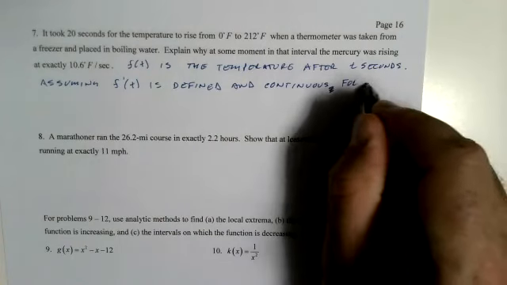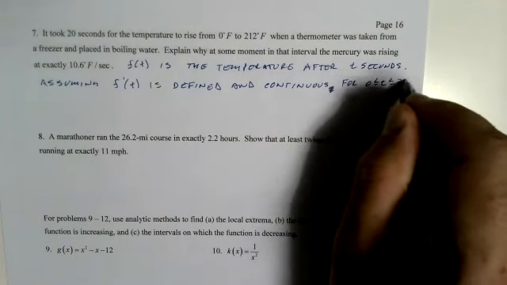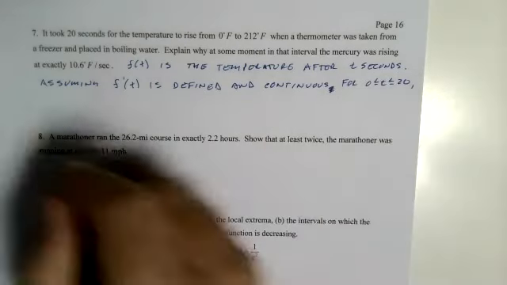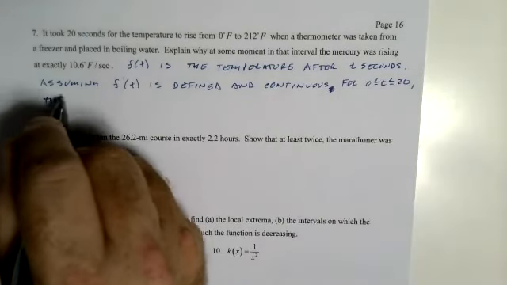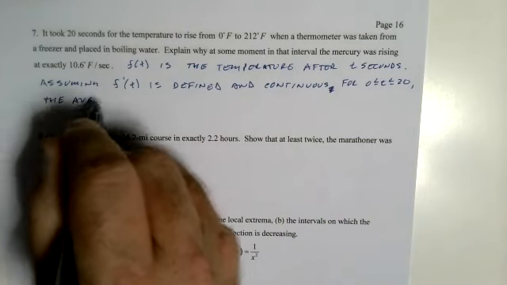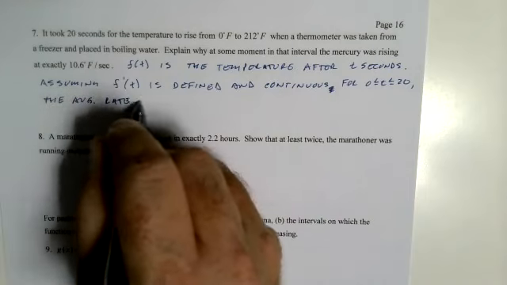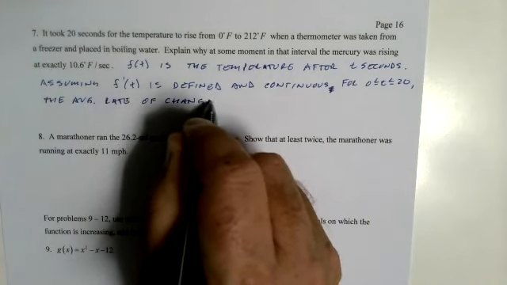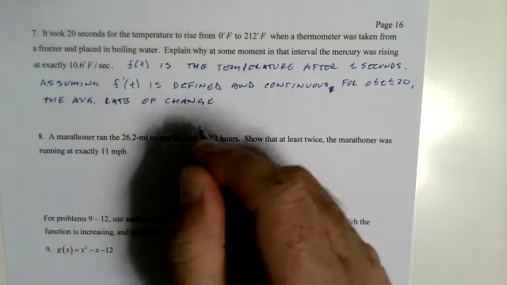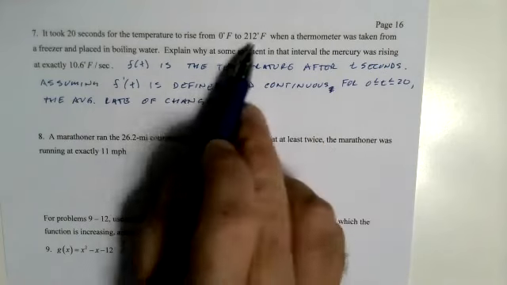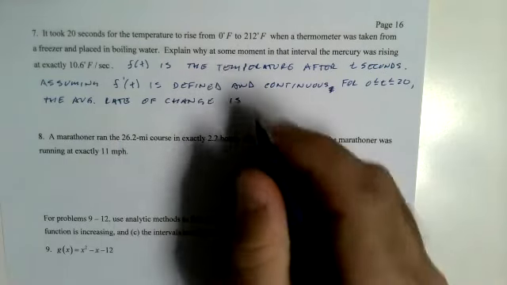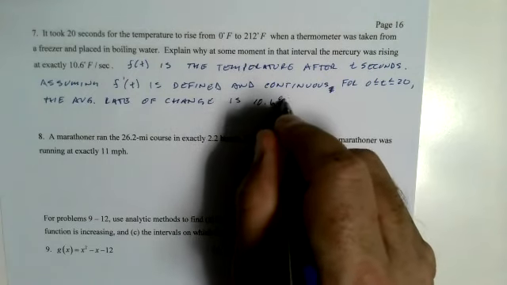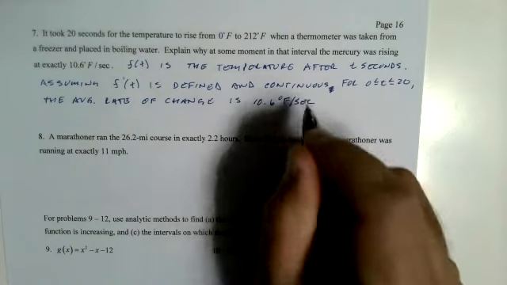For 0 less than or equal to T less than or equal to 20 seconds, the average rate of change is, right, so this 212 over that 20 is 10.6 degrees Fahrenheit per second.